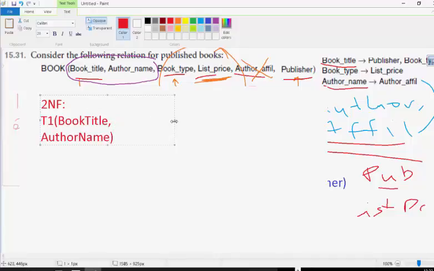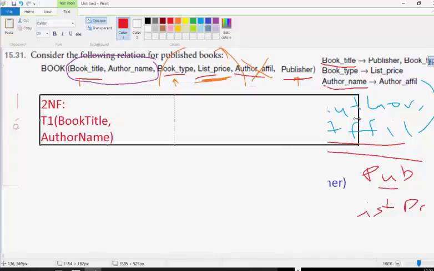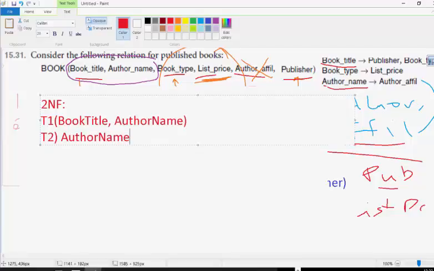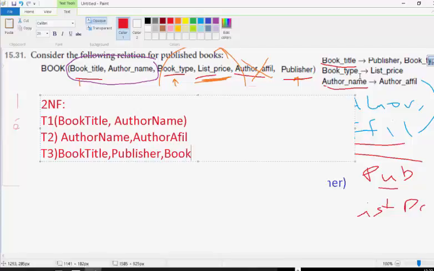The first one that will leave is author name and author affiliation. The next one that will leave is book title, publisher, book type, and list price.